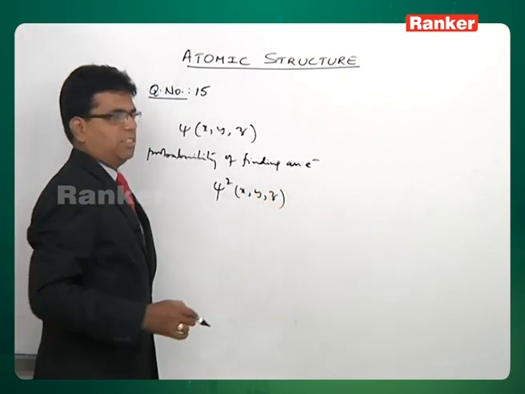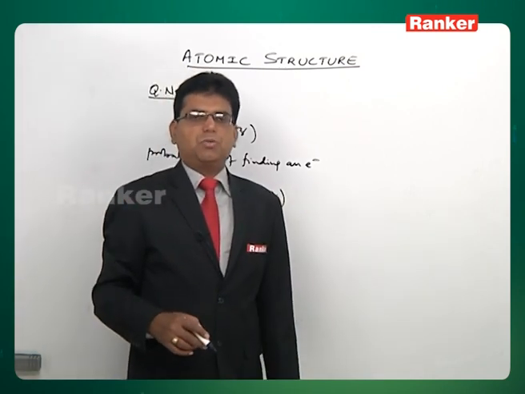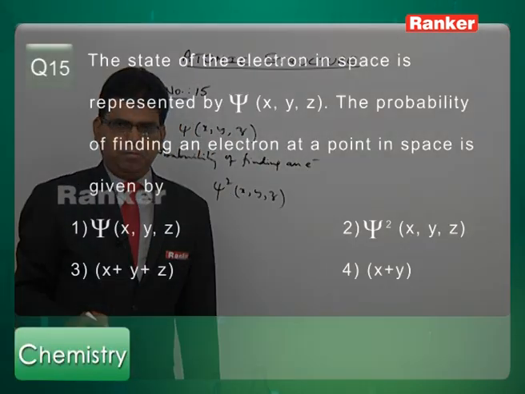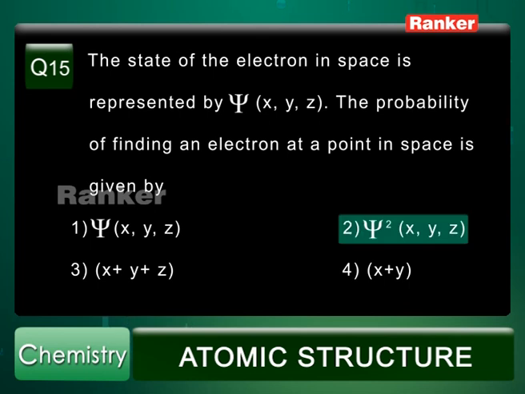If psi xyz is a wave function, then psi square xyz is the probability of finding the electron. So, the correct answer is option 2, psi square xyz.